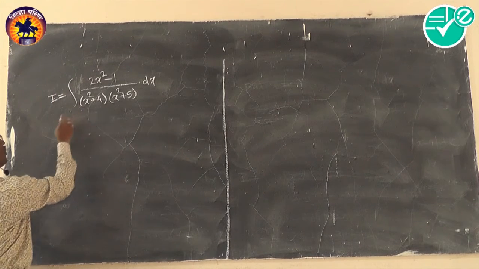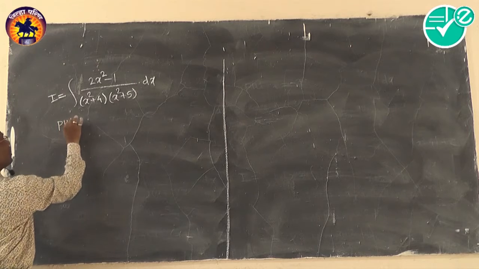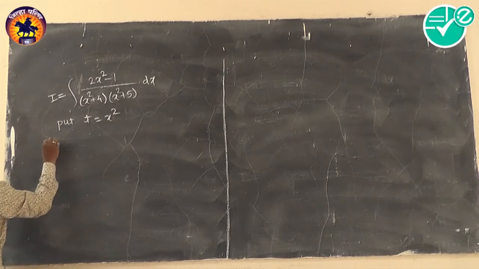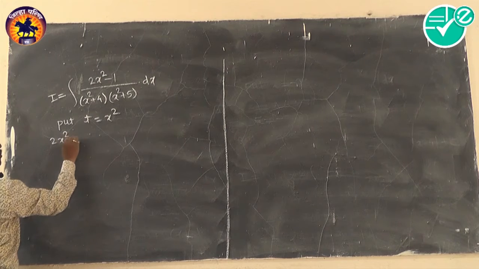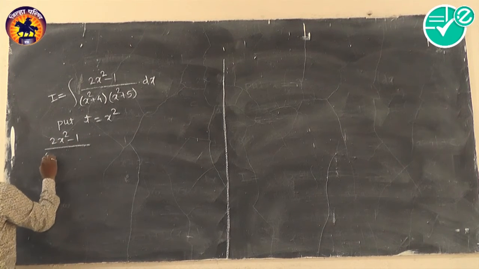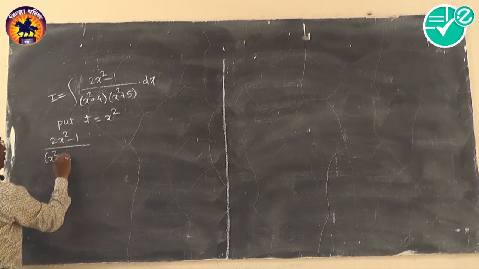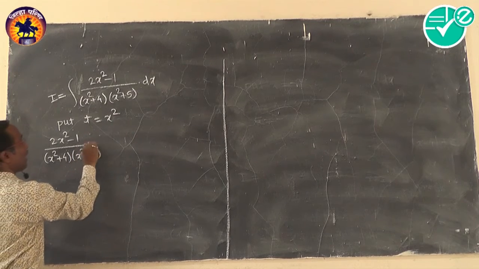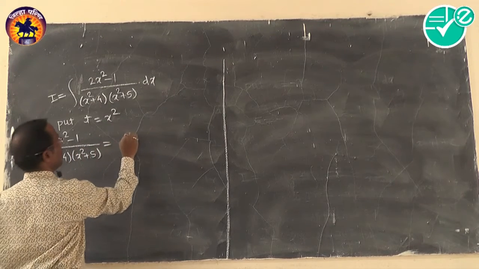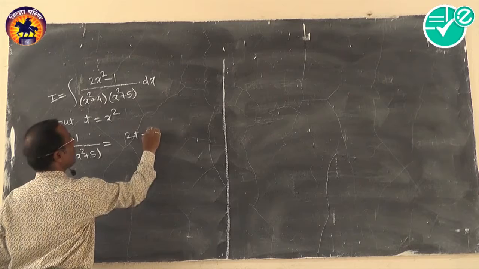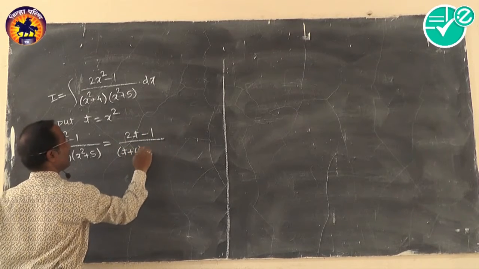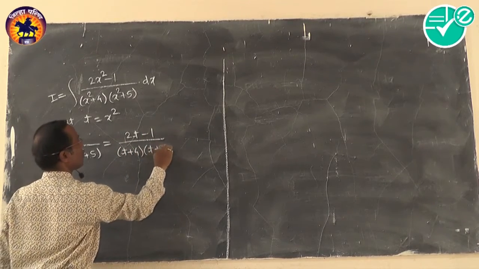In this example, we substitute t is equal to x square. Then the integrand function 2x square minus 1 upon x square plus 4 into x square plus 5 can be written as 2t minus 1 upon t plus 4 into t plus 5.